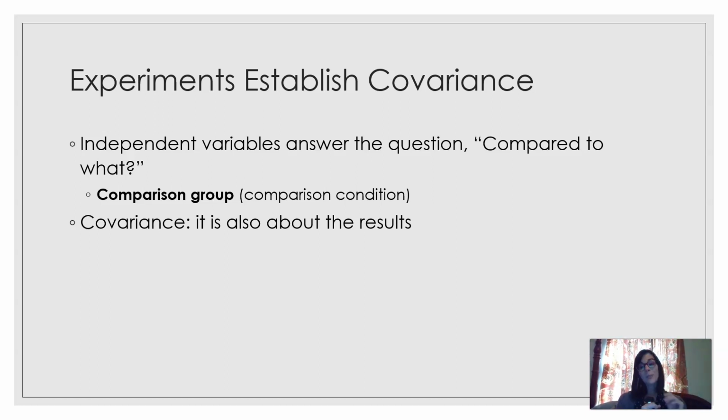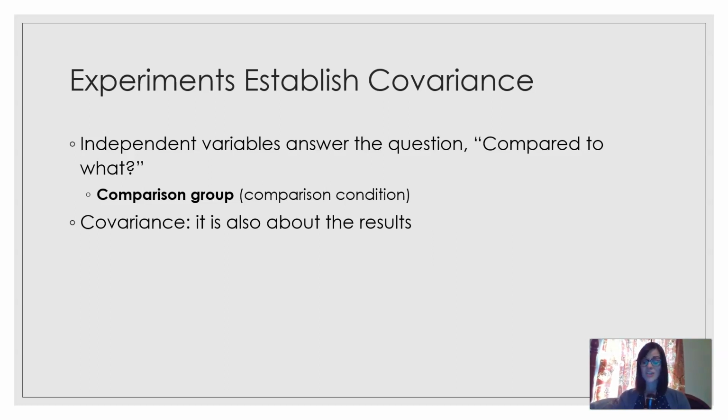Additionally, we need to think about the results. We need to see a change between our groups in that dependent variable. Otherwise, we don't have an effect. Can you imagine, in the laptop versus longhand notes study, if there were no differences between the groups, not only on factual or conceptual?